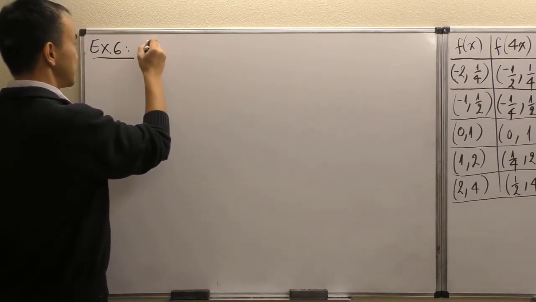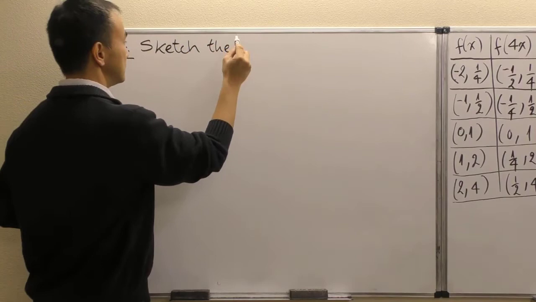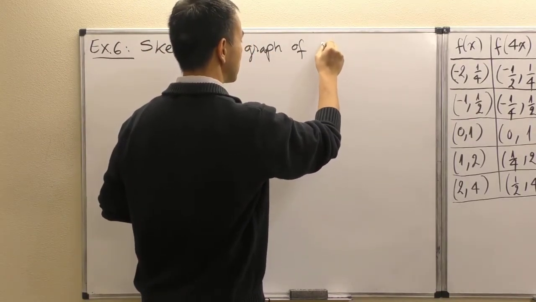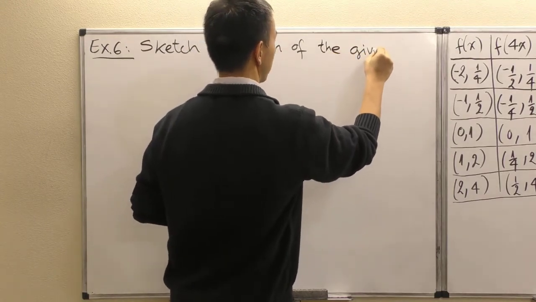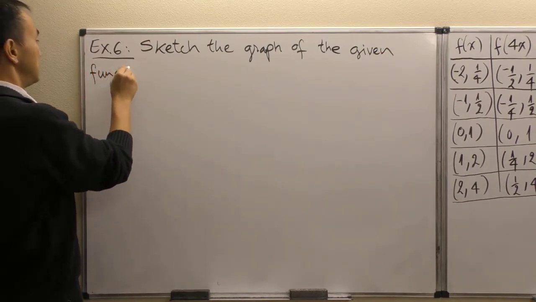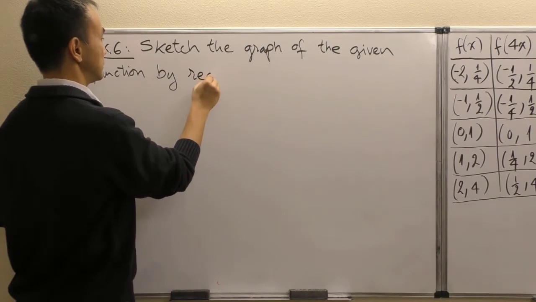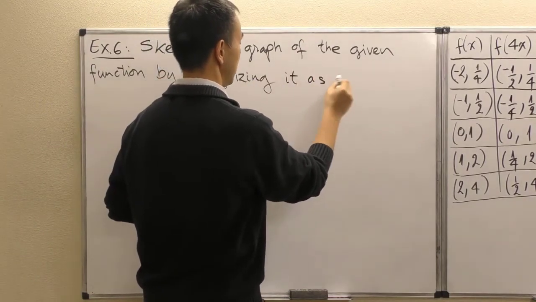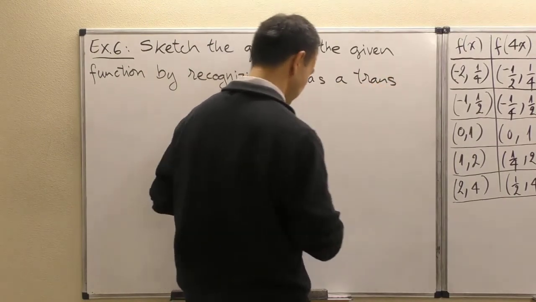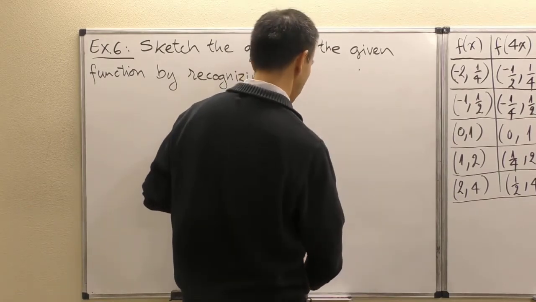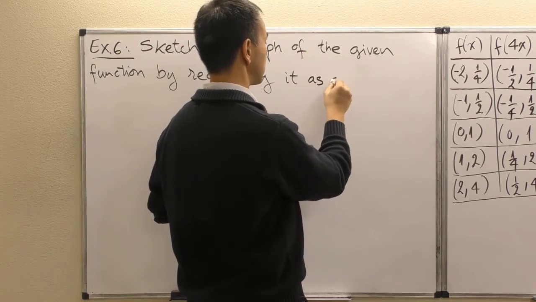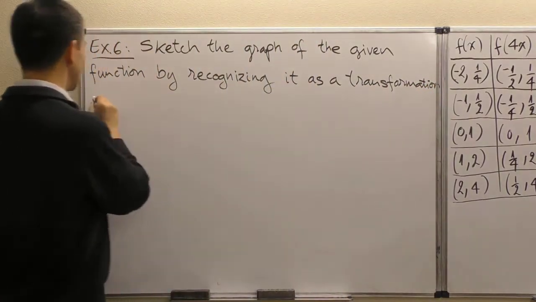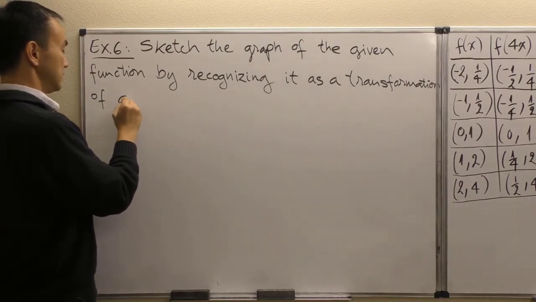All right, so we want to sketch the graph of a given function by recognizing it as a transformation of a known function.